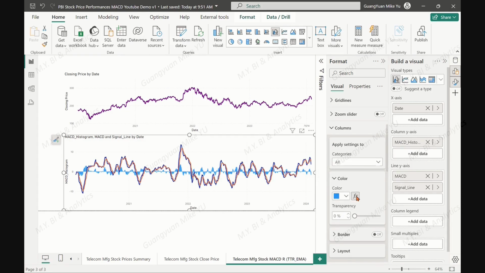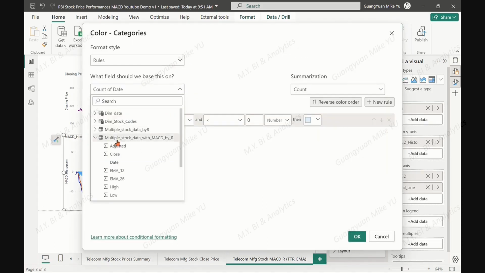Conditionally format the columns for the MACD histogram.